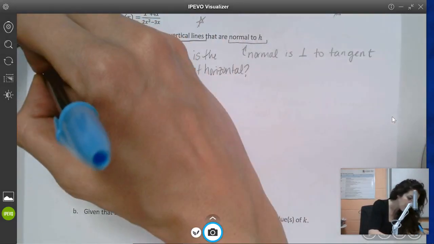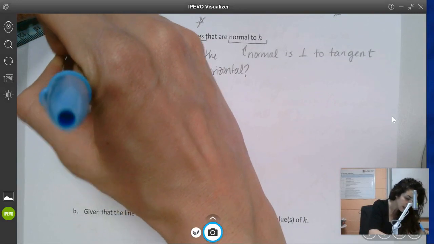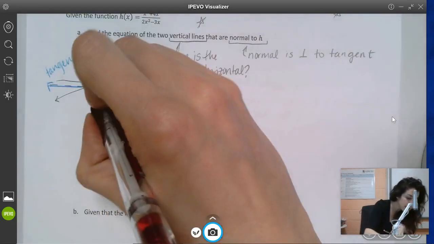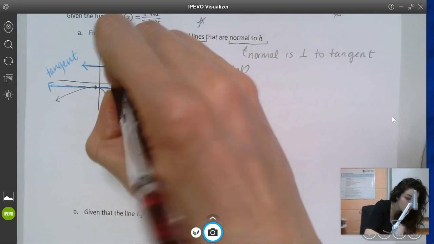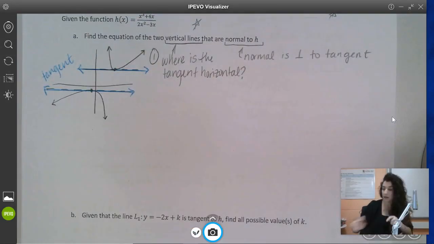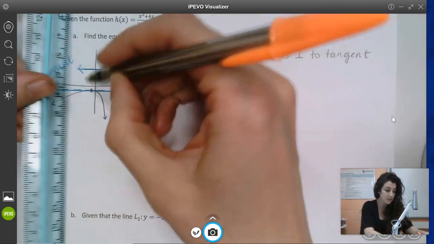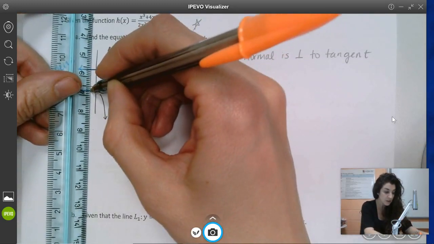So we can call those the tangent lines in blue. Then your normal lines would go through that same point. Who knows if it's there or there, but we'll see. And they will just be vertical instead because they're perpendicular to your tangent line.